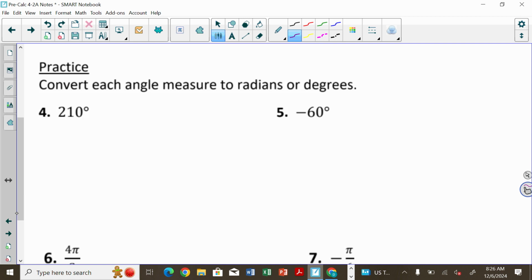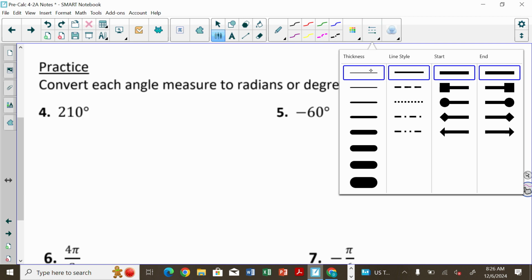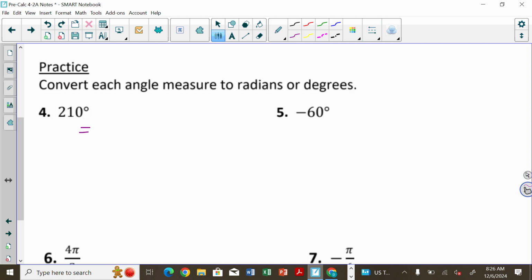Pretty simple stuff here. We've got this 210, so we're going from degrees to radians. From degrees to radians, I'm going to multiply by pi radians over 180.